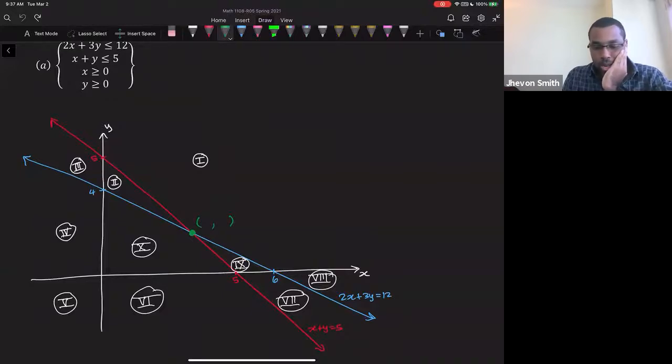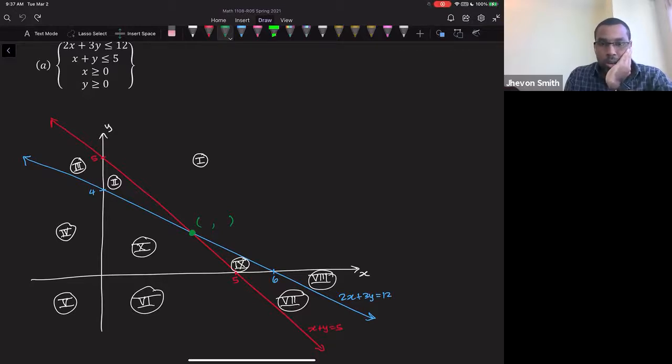What do you notice about it on the picture? It intersects, right? Where the blue and red intersect. So what do you think that would mean? What do we want?